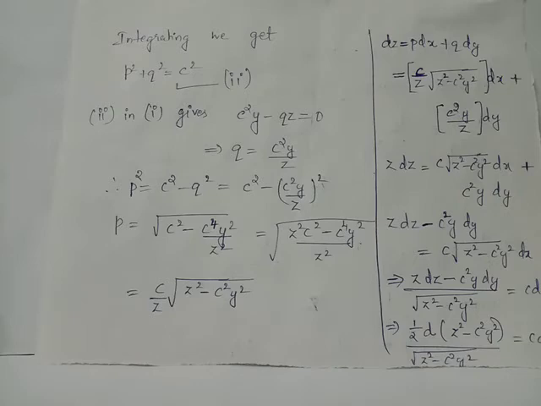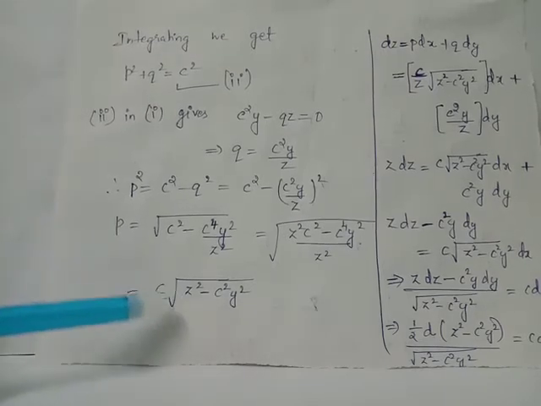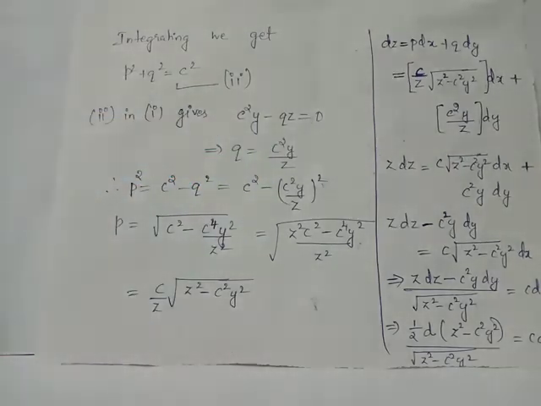Since we have dz equals p dx plus q dy, we will replace p and q by these expressions, p equals the above and q equals c square y upon z. When we bring z to the LHS along with dz, we obtain this equation.